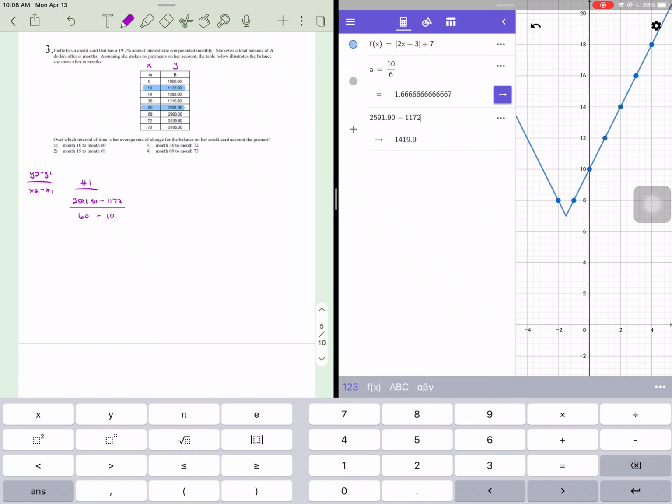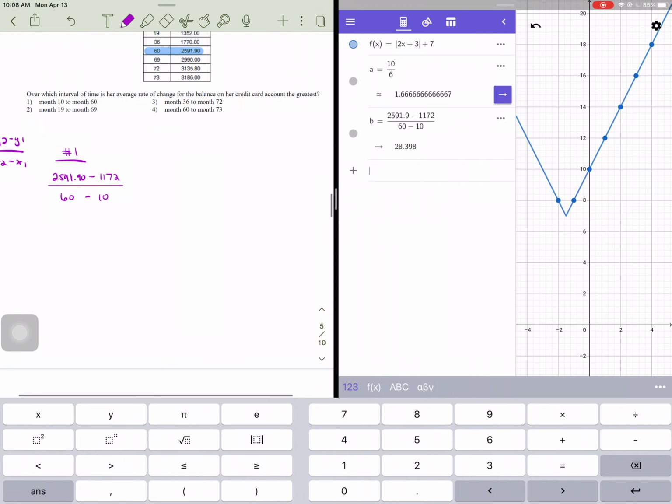Take that, put the whole thing in parentheses, guys. So if you just put a closed parentheses, it'll make it parentheses, and divide that by 60 minus 10, which is just 50. And you get an average rate of change of $28 and 0.398 cents, right? So that's your average rate of change between months 10 and 60.